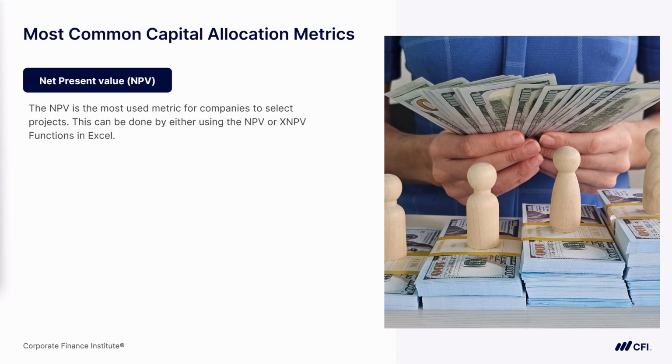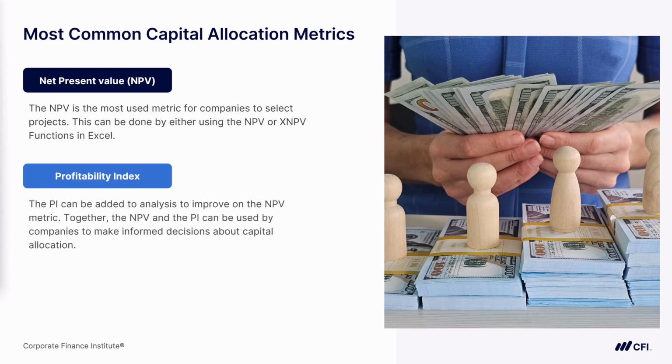Now, we just discussed also the profitability index, and remember that this is an improvement on the NPV analysis. So the PI, profitability index, can be added to analysis in order to improve on the NPV. And together, the NPV and the profitability index can be used by companies to make informed decisions about capital allocation.